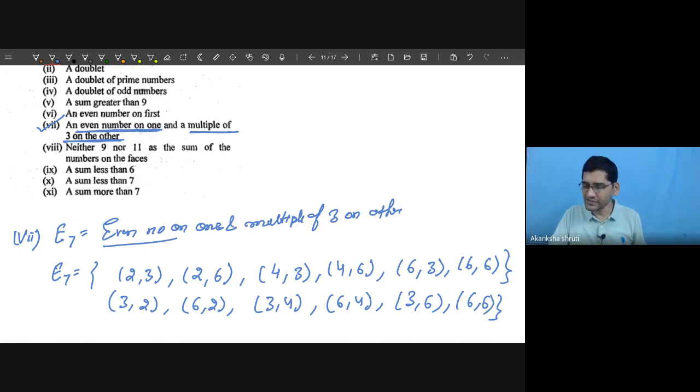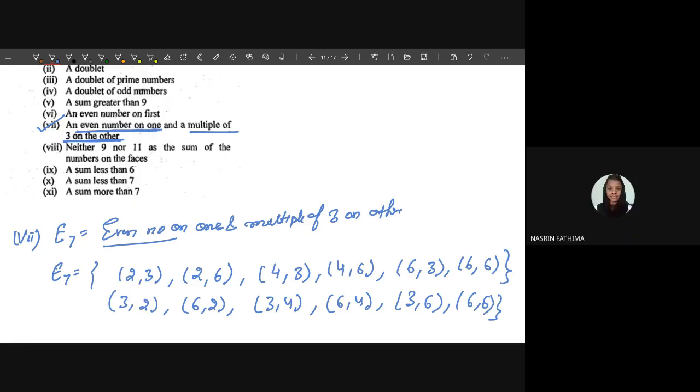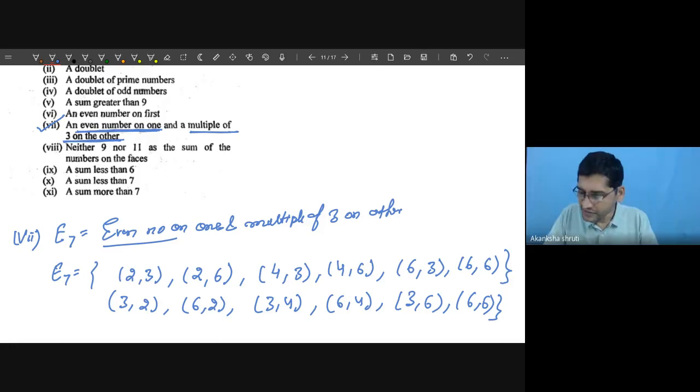Is it okay or still some error is there? No, sir, because it is given even number on 1. Very good. So student, where is the error? 3 and 6 and 6 and 6. So 3 and 6, is it okay or not?